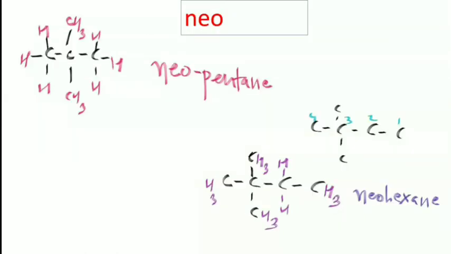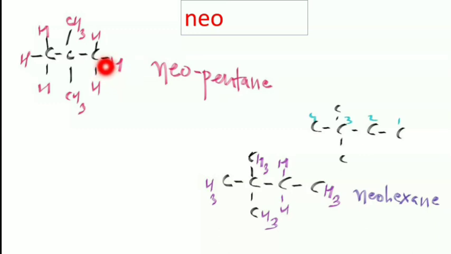Then the last one is neo. Where can you use neo? Neo is used for those alkanes having two methyl groups attached to the second last carbon atom of the continuous chain. We can take the example of pentane. This is neopentane. You can see the structure.